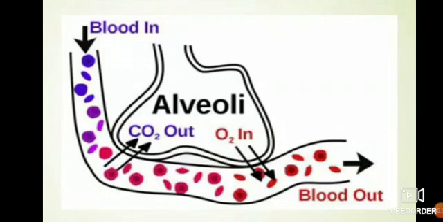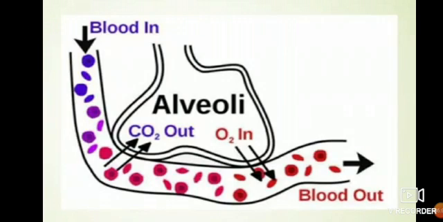Okay, see. So you can see in the diagram that alveoli is next to the lungs itself. So what do these alveoli do? They take in carbon dioxide. Can you see in the picture? CO2 out. So what they are saying is that it takes carbon dioxide inside and gives out oxygen.